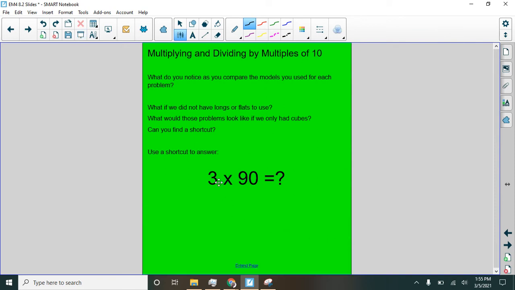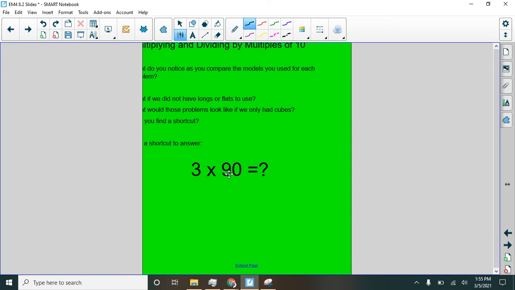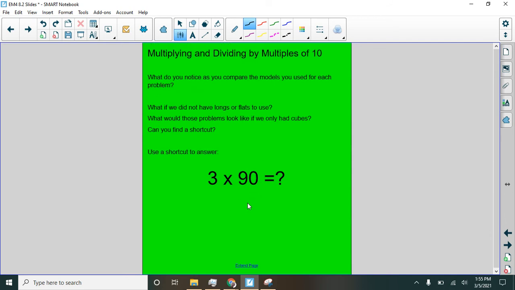All right. So what about, this is where this comes in, right? What if we just had, we're now using the shortcut here. What if we just had 3 times 90? What would you do first here? Okay. Now you could, hopefully you said cross off the 0. If you said do 3 times 9, that's fine too. 3 times 9 is 27.